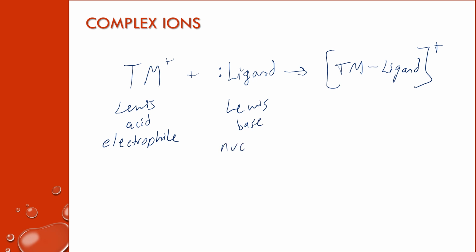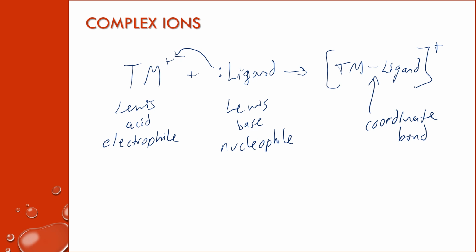And so it also acts as a nucleophile. And so when those electrons are shared effectively, forming the new coordinate covalent bond, you're forming this new complex. So this is a coordinate bond, and the overall thing is called the complex ion.